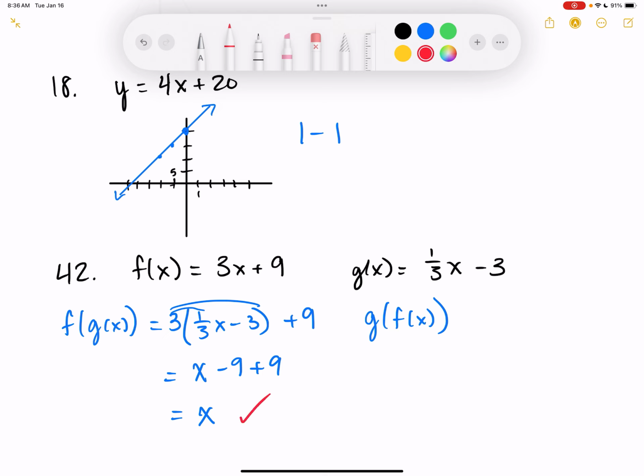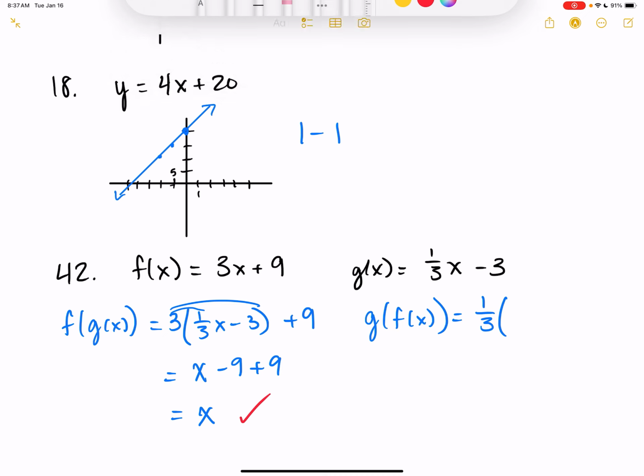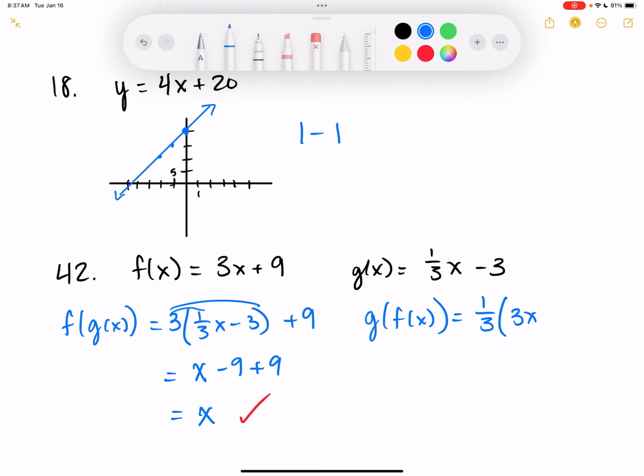So that way we verified that they are inverses, but I have to check the other way just to make sure. So over here we have 1/3. I have an x, so I'm plugging in this function f of x. So times 3x plus 9 and then minus 3.